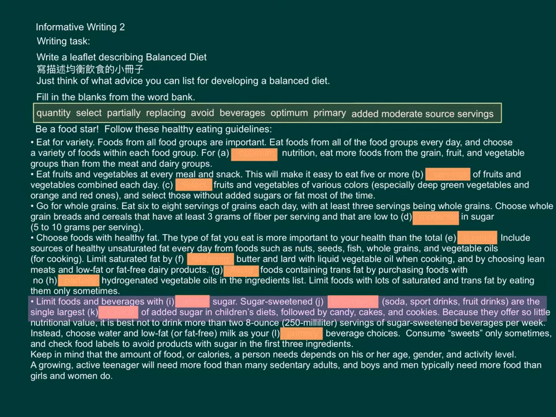Limit foods and beverages with I sugar. Sugar sweetened J, soda, sports drinks, fruit drinks are the single largest K of added sugar in children's diets, followed by candies, cakes, and cookies.